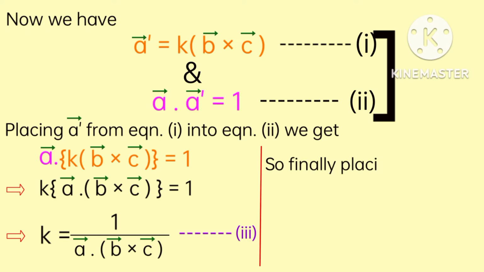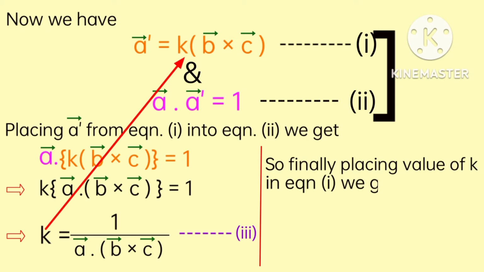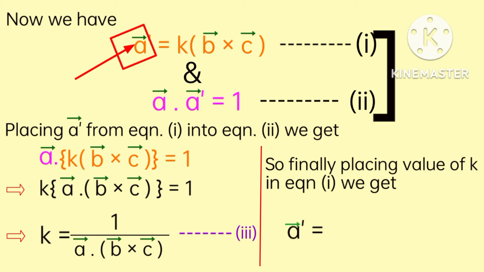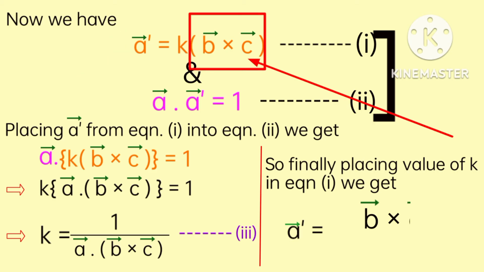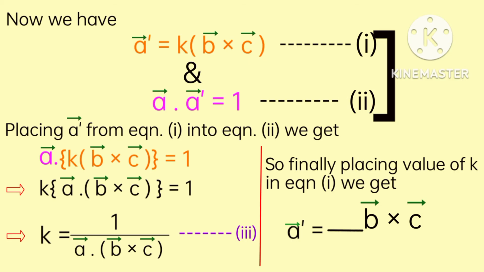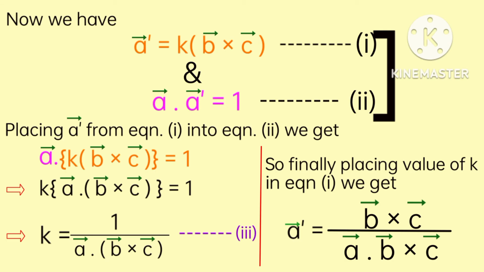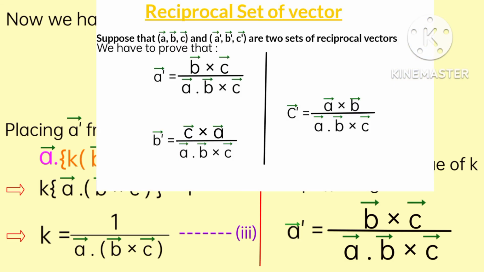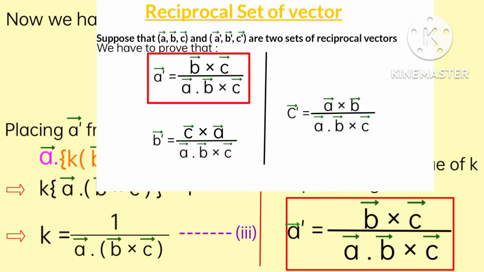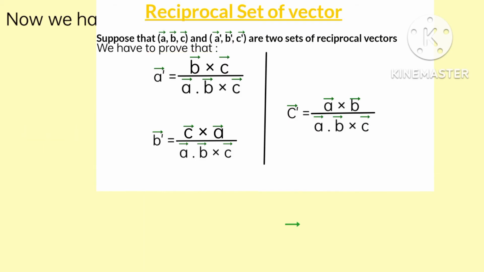So finally, placing the value of K in equation 1, we get A' equals B cross C upon A dot B cross C. So we have proved the first part of our problem.